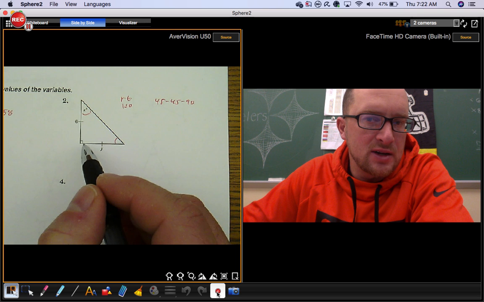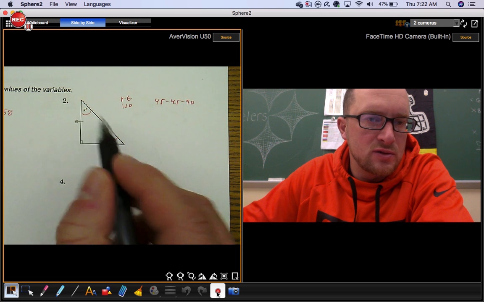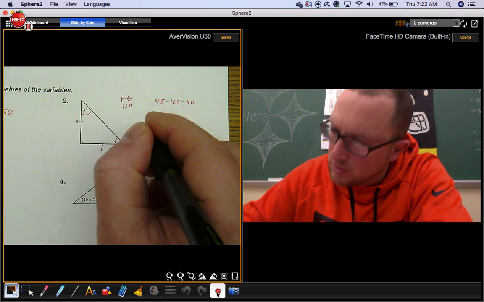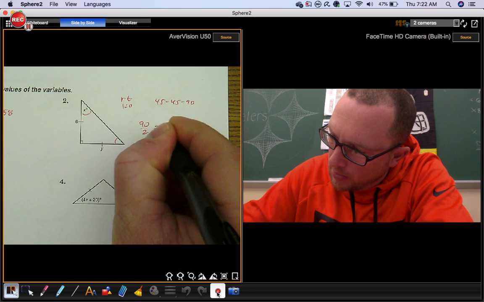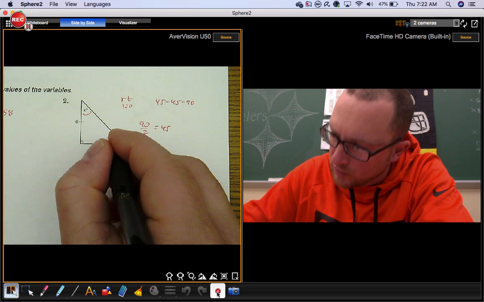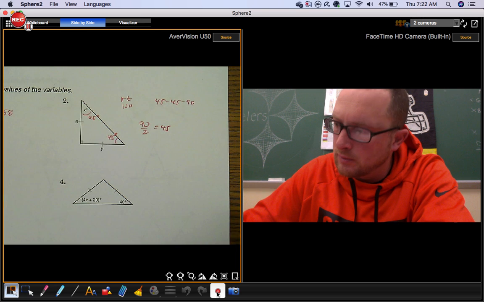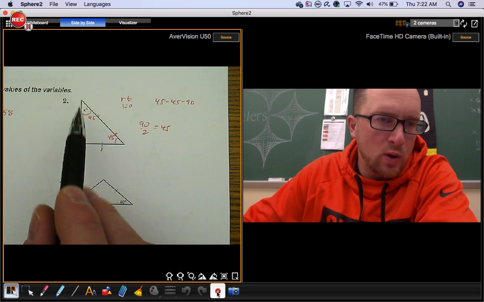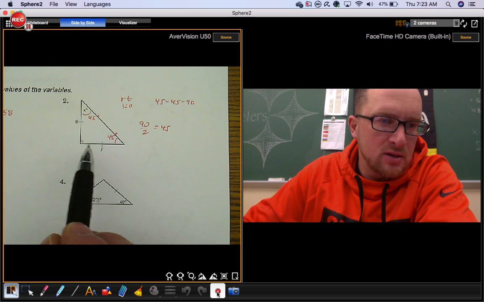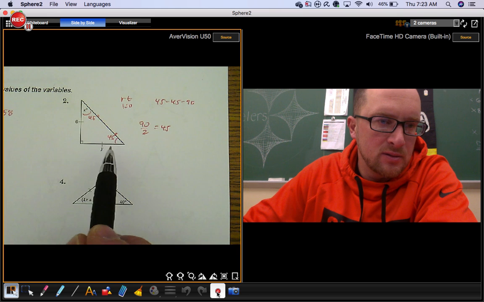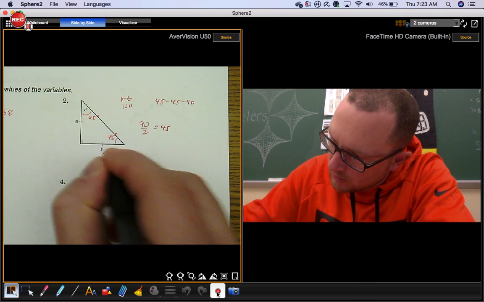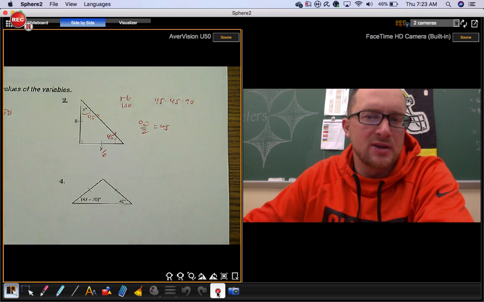So if you already used 90 degrees, you got 90 degrees left to use. 90 divided by 2 is 45. That's where these two 45s come from. Now notice how this one leg has a length of 6. How long is this other leg? It's going to be 6 as well. Your legs are the same length.